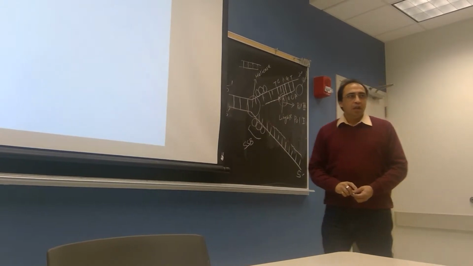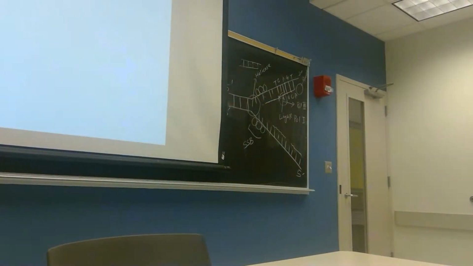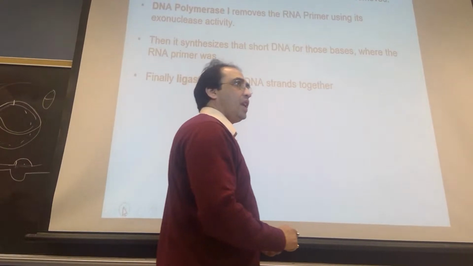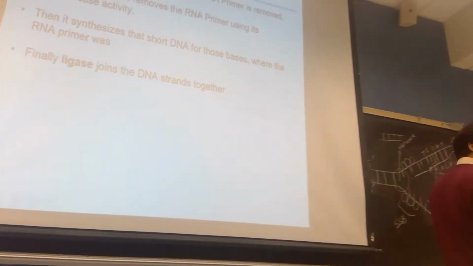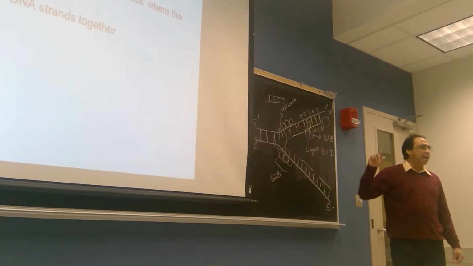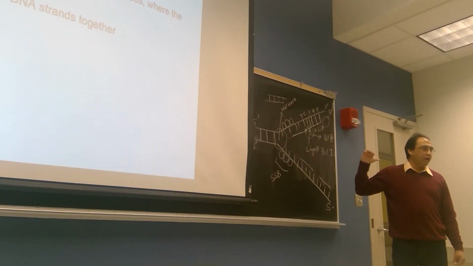So the RNA primer is removed by DNA polymerase 1, which synthesizes a short segment of DNA instead of the RNA primer. Then the gap between the new DNA and old DNA is sealed by ligase. This is the function of all these enzymes.